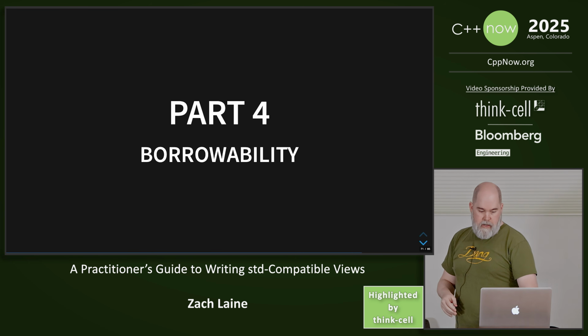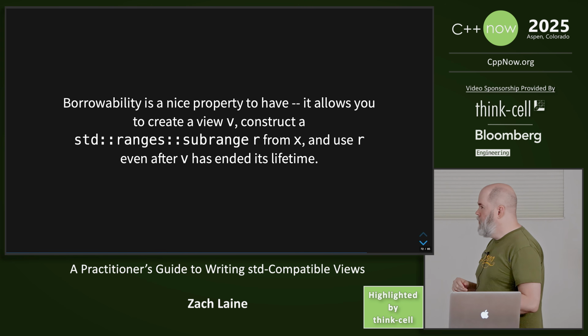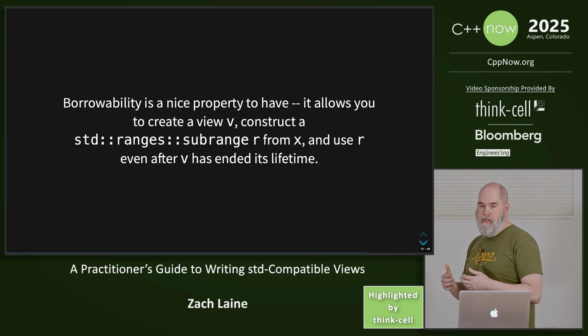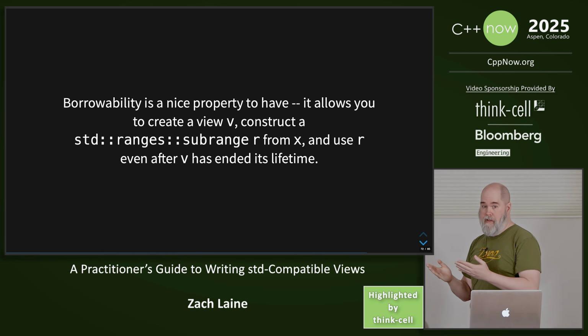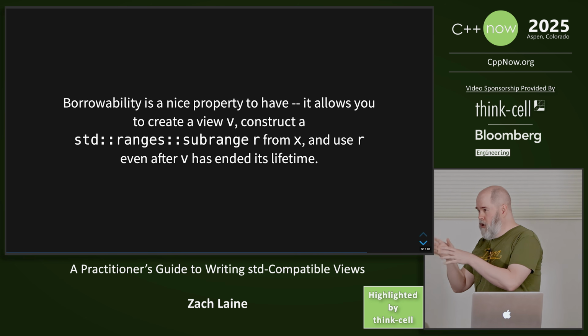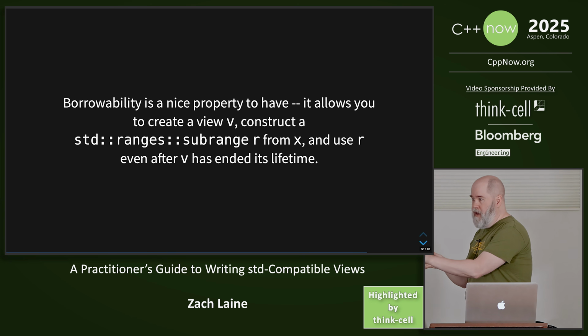Now, let's talk about borrowability. Borrowability, I think in general, is a nice property to have, right? So if I have, what do you call it, a span, and I take the begin and end out of the span, I can do all kinds of work. I can partially process whatever's in the span. I can take what I've got left over, put that in a subrange, and return that from the function.